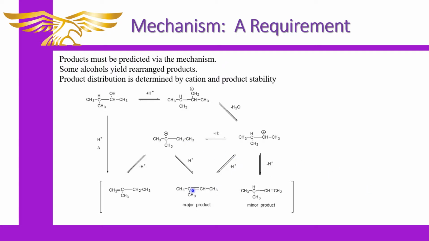The major product, again, is generally the one that has the most substitution on either side of the double bond that would form. So in this case, for this particular species, this was the major product, whereas this was the minor product, because even though it was possible, and even though this was possible, they're not as favorable as this product. So these two are minor products.